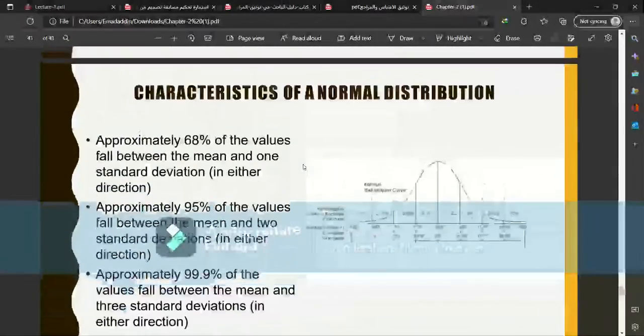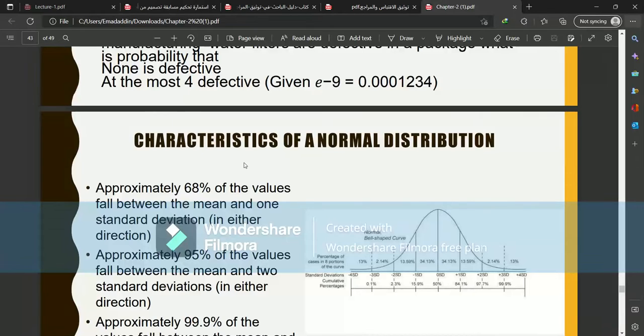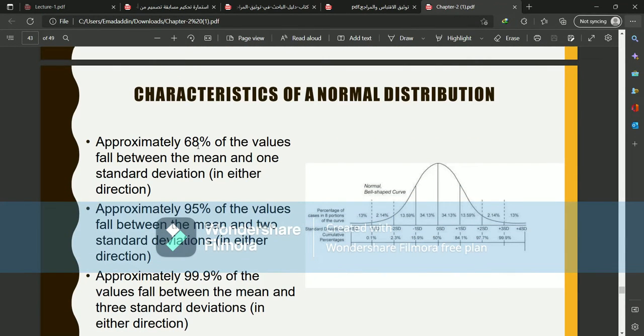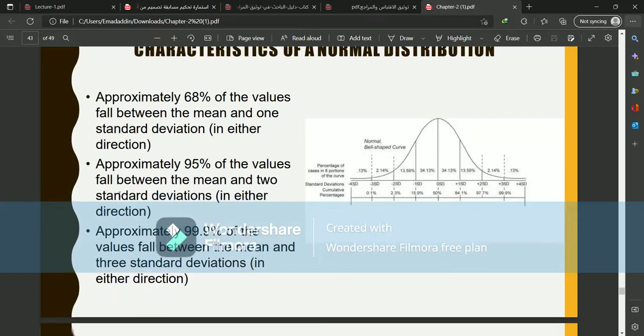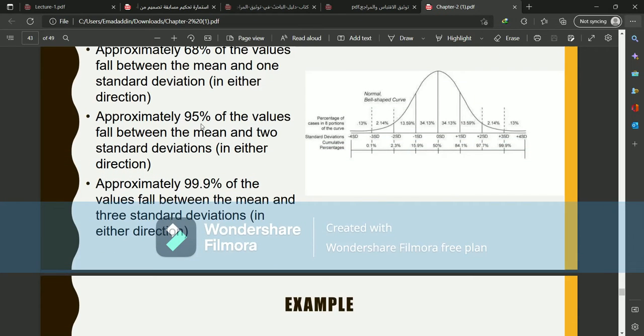Now, the characteristics of normal distribution. Approximately 68% of the values fall between the mean and one standard deviation in either direction. Approximately 95% of the values fall between the mean and two standard deviations in either direction.